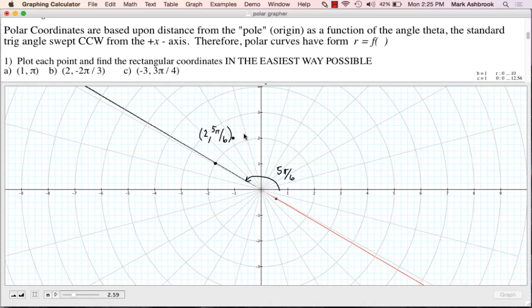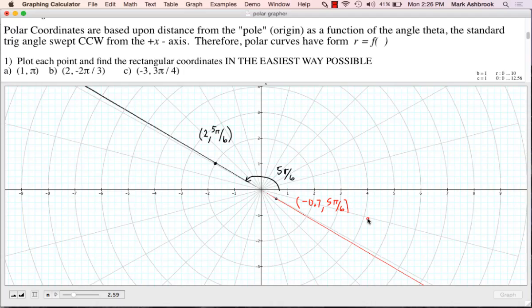So positive values of r point in all directions from the pole, depending on what the angle is. Okay? There is negative r, and that's in the opposite direction from wherever the terminal ray points. Right now the terminal ray is pointing this way. So this point right here on the red ray would be about negative 0.7 and 5 pi over 6. So it's still according to the angle 5 pi over 6 with a negative r.